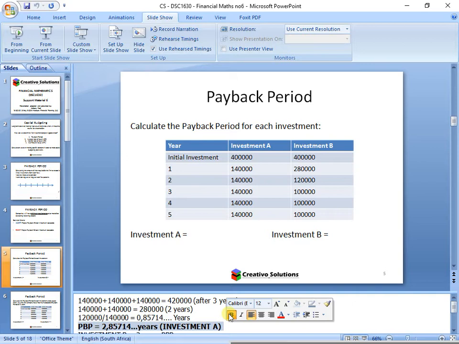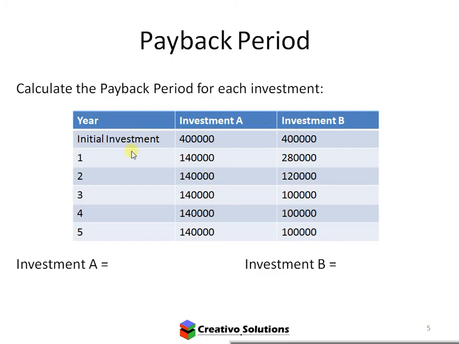Now you work out B. What is B's payback period? 2 years, exactly. 280 after the first year, plus 120 plus 280 in the second year, which is 400. So 2 years is the answer for B. Simple as that. Make sense?